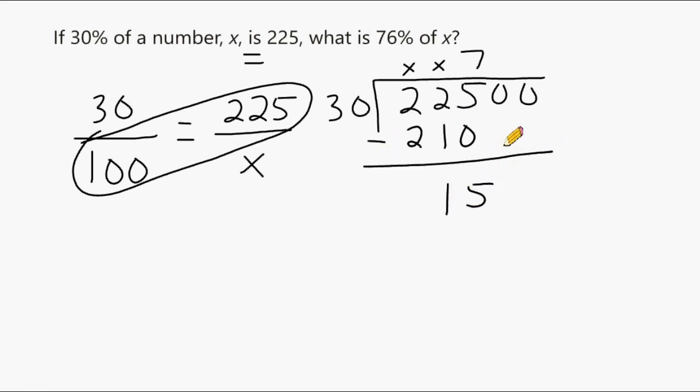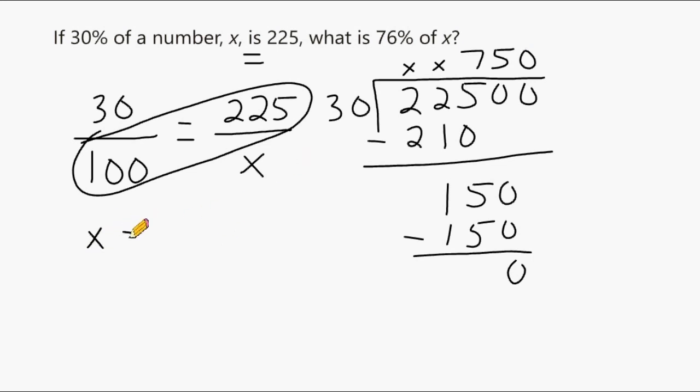We drop the next place value, which is a 0, and 30 goes into 150 exactly 5 times. And that leaves us with nothing. However, we still have a place value at the end. So we can go ahead and just write a 0 on top of it. So we have determined that x is equal to 750.